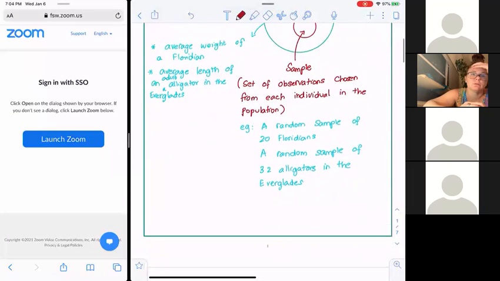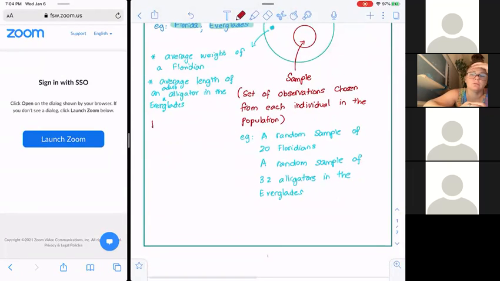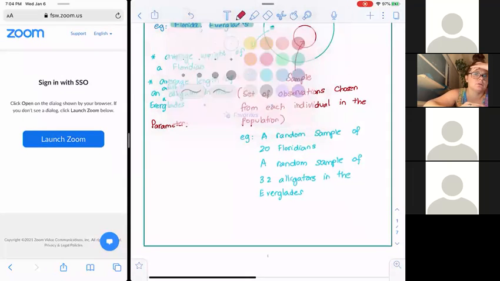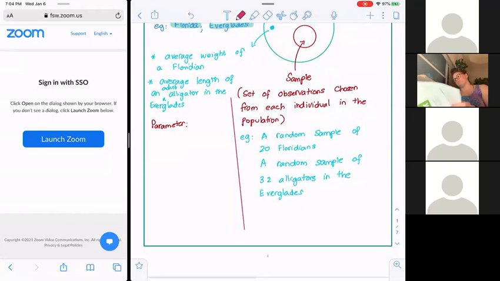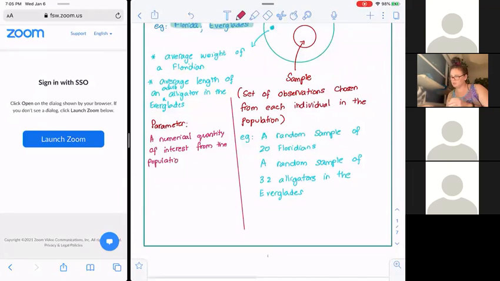So the parameter is simply a numerical quantity of interest from the population for an individual entity.